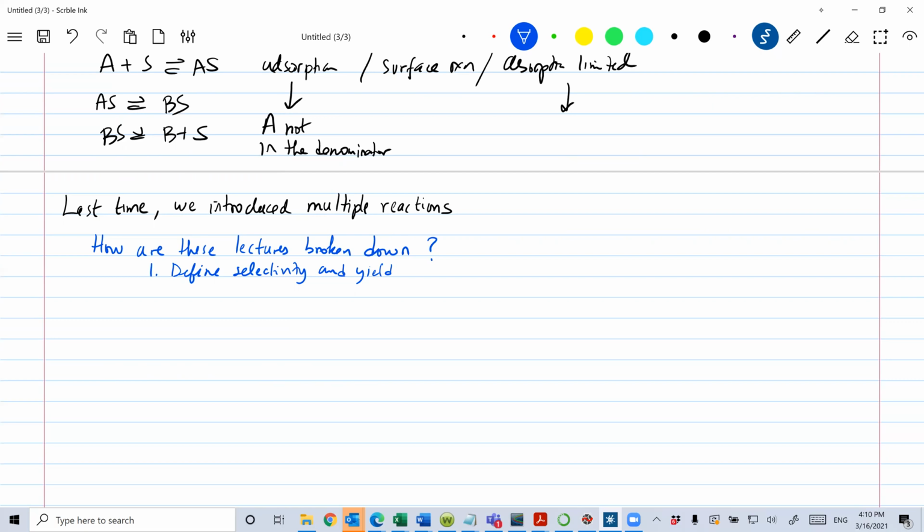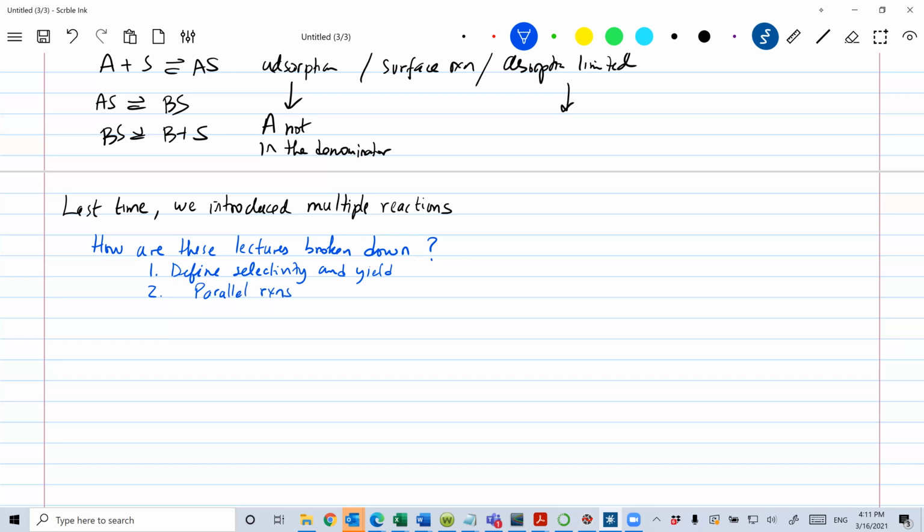Maybe if you have a reaction where lots of alkanes are being burned, you could define your selectivity based on carbon atoms that are being fed. How many moles of carbon? That's easier for you because you have lots of things that have carbon in them: ethane, methane, propane, butane. You have lots of them, so you just count the number of carbons. Then the other thing that we started doing is parallel reactions.